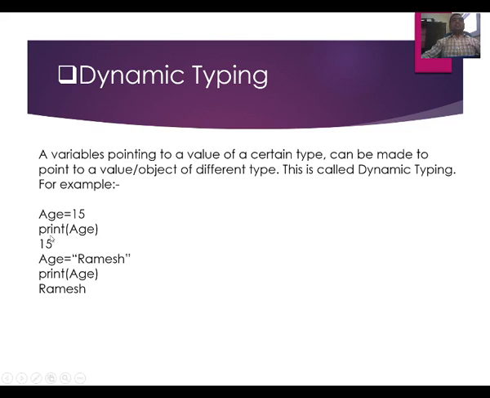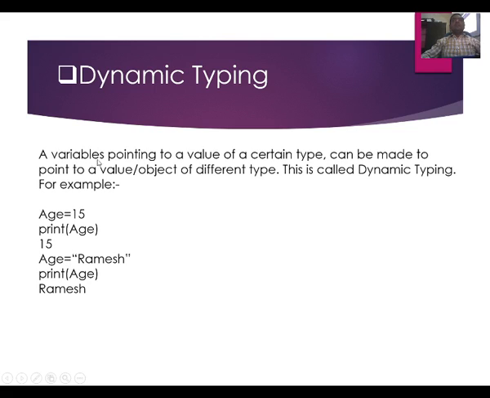Now we can change this variable that contains an integer value to a string value, that is age is equal to Ramesh. Now age is a string variable that contains a string value. Print age, it will display Ramesh. First it contained the value 15, that is integer. Now it contains Ramesh, that is a string value.